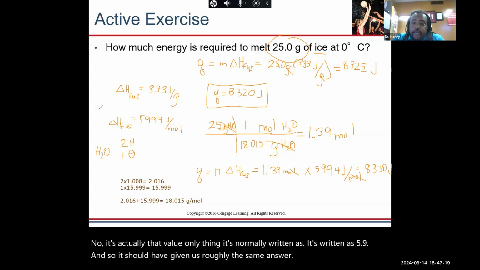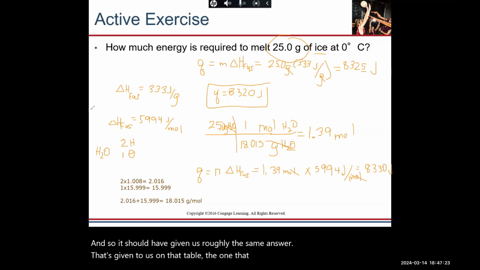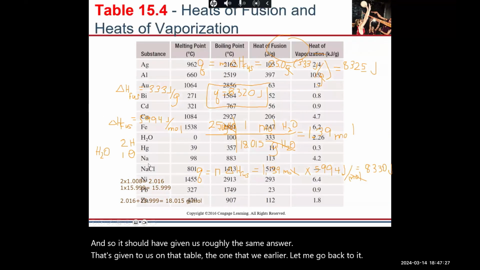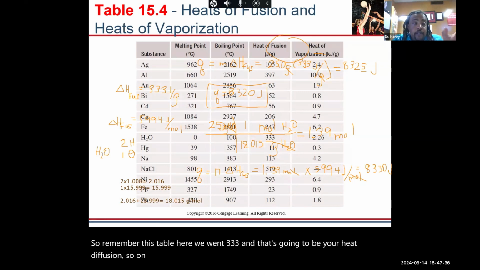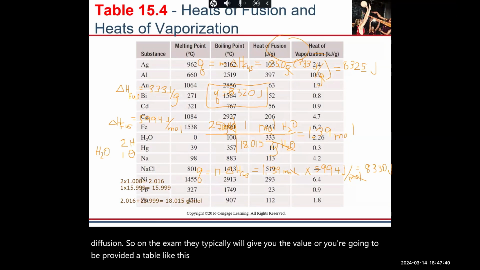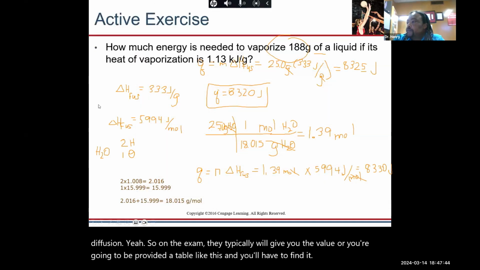That's given to us in that table. Let me go back to it. So remember this table here? We went 333, and that's going to be your heat. So on the exam, they typically will give you the value, or you're going to be provided a table like this. You'll have to find it. Okay, good question, though.